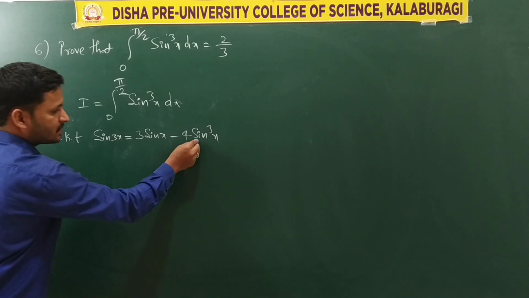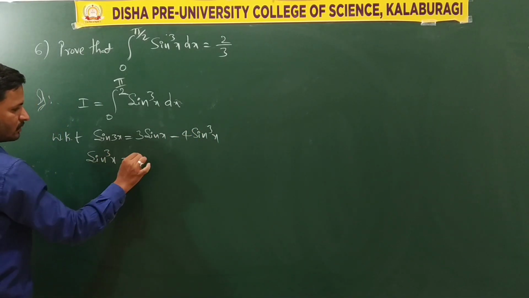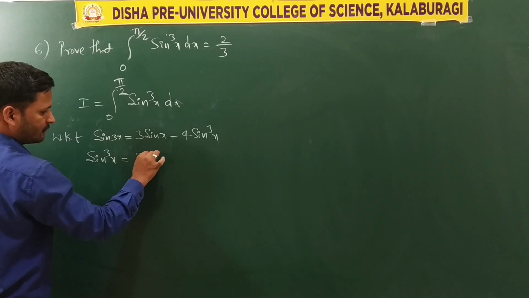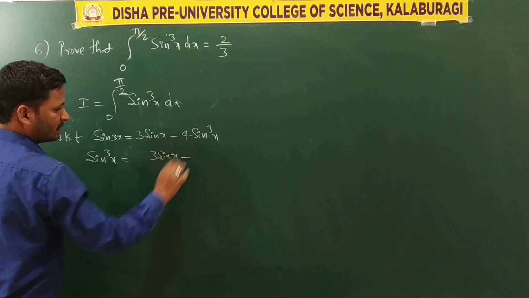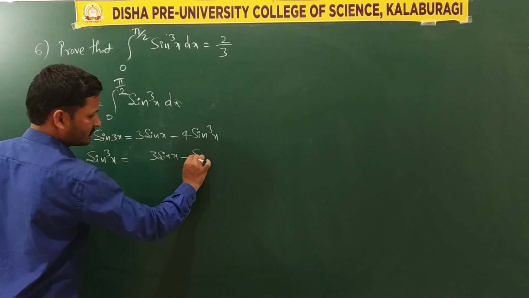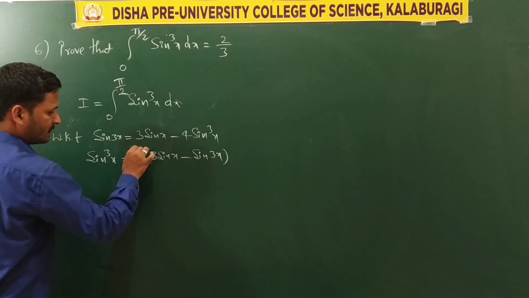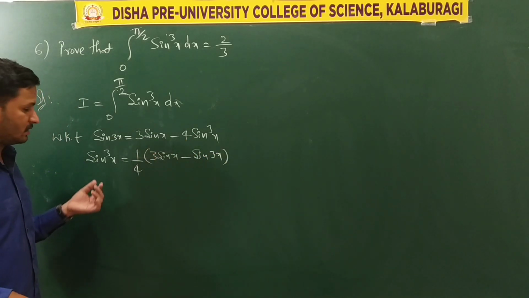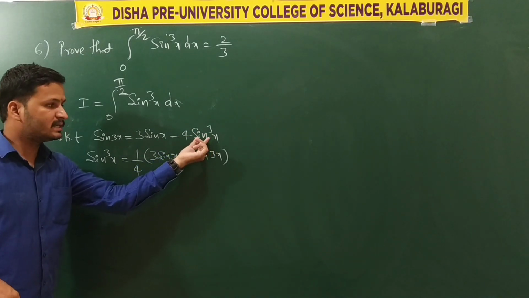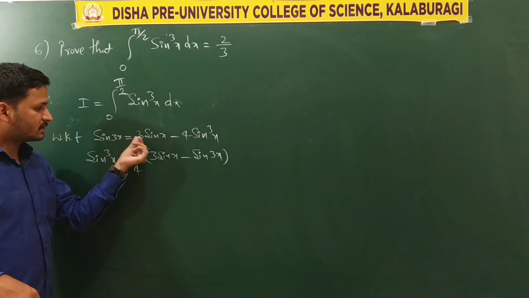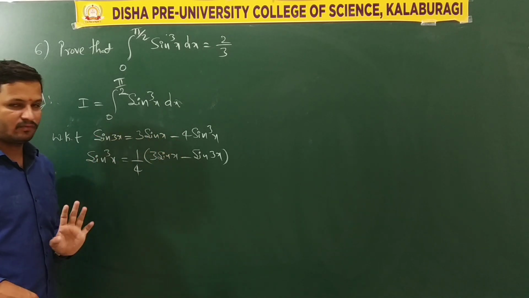Okay, sin 3x is equal to 3 sin x minus 4 sin cube x. So sin cube x is equal to, taking the sin 3x to this side, 3 sin x minus sin 3x, whole divided by 4. Only then sin cube x is 3 sin x minus sin 3x divided by 4.